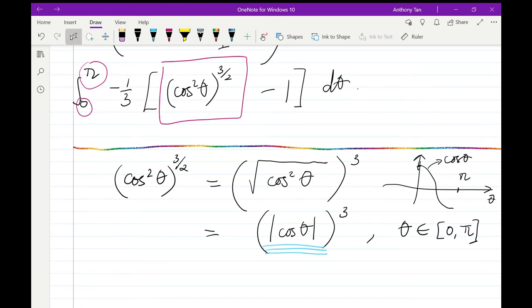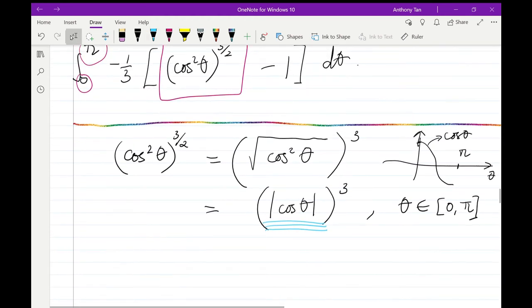So in order to deal with this square root, it will be best if we break the integral from 0 to pi into 0 to pi over 2, and then pi over 2 to pi. So 0 to pi, negative 1/3. Let's just bring it outside.